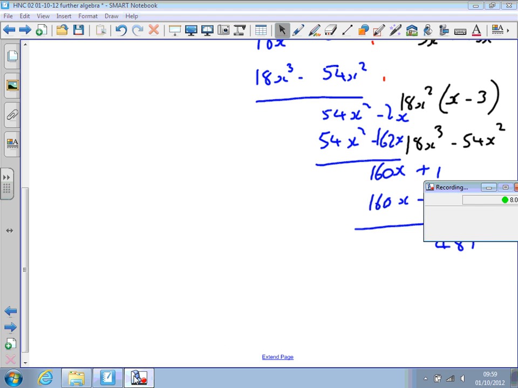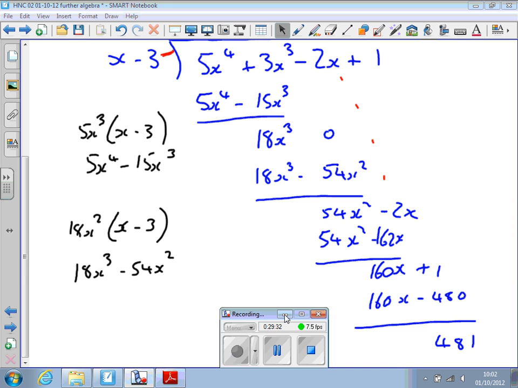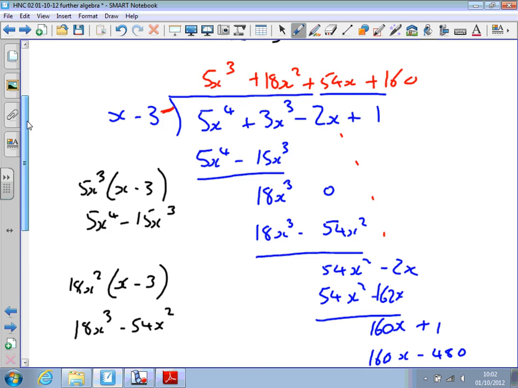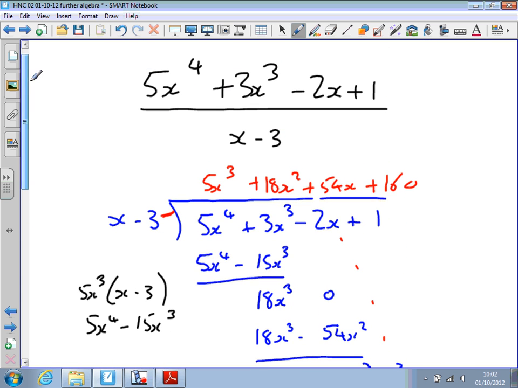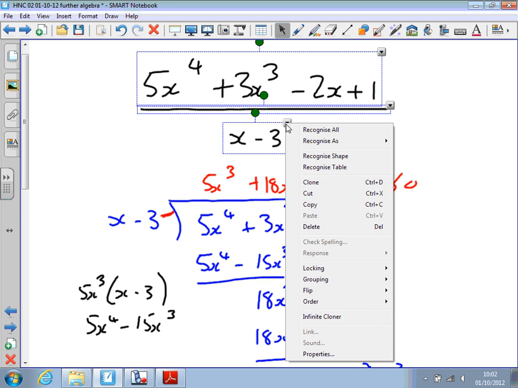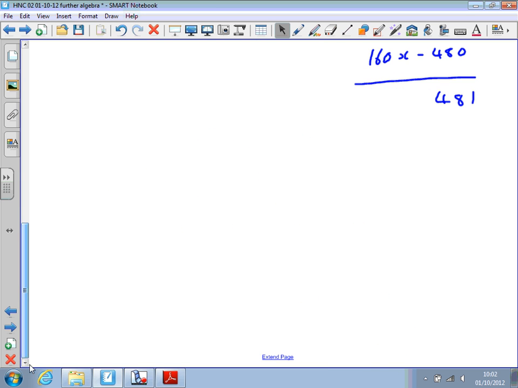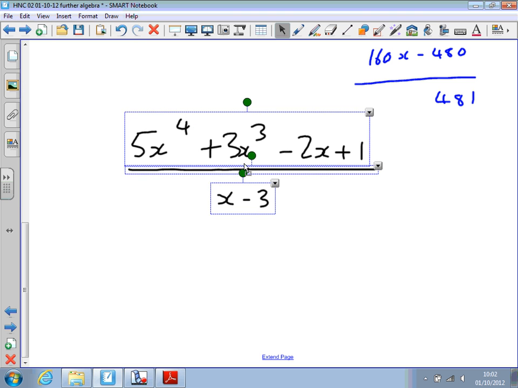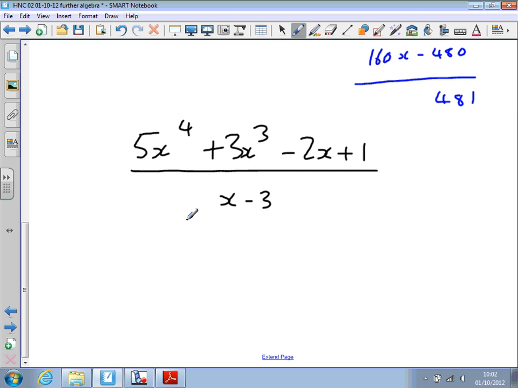I'll just pause and let you write that down. So finally we can write, if we've been asked to rewrite the original term, which is this. Yeah, brilliant. So finally, the original expression, integrate that.